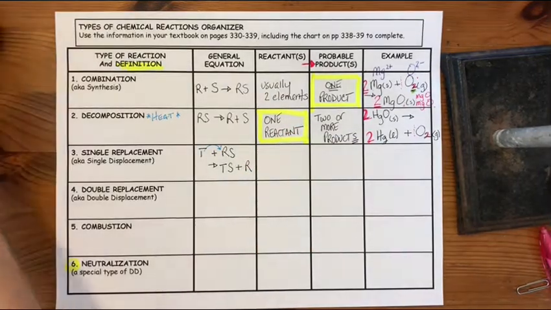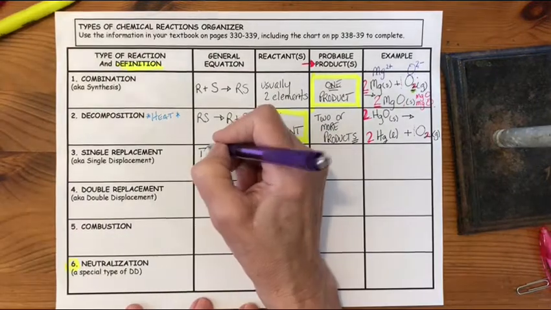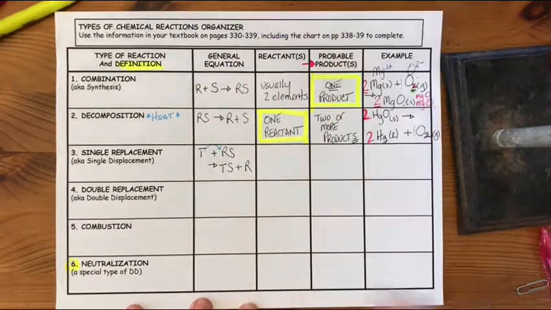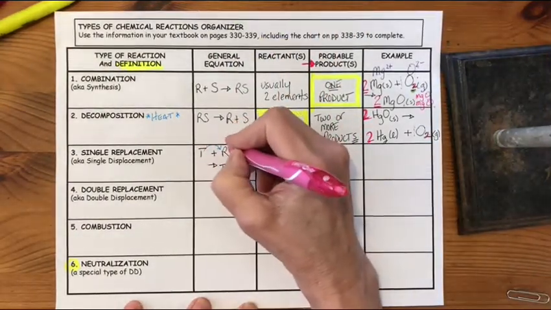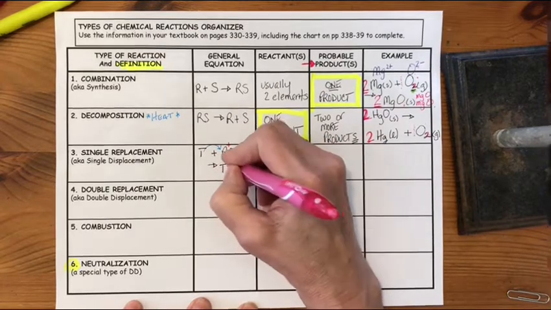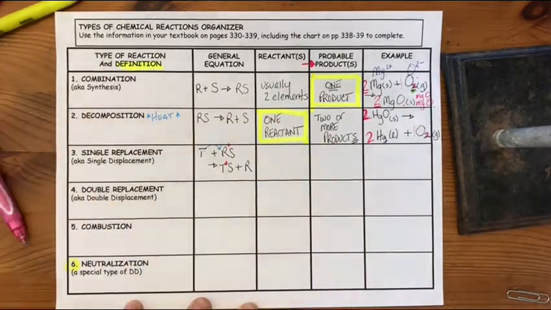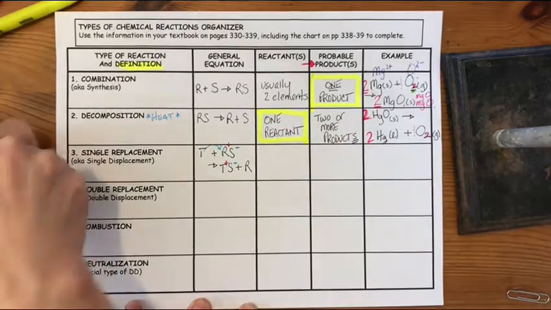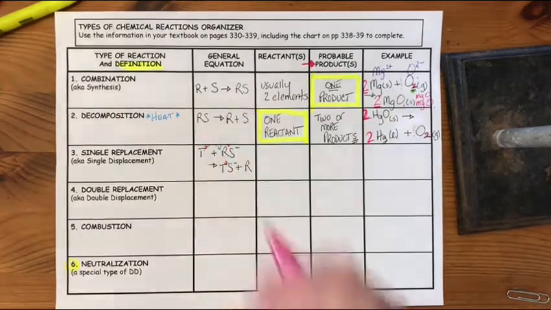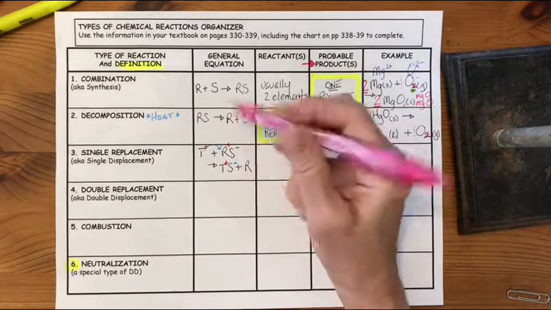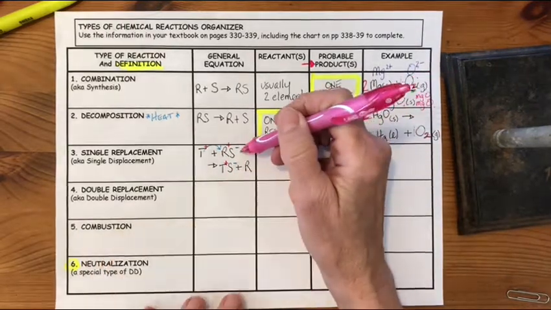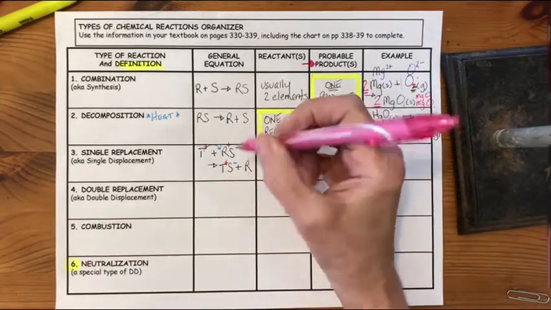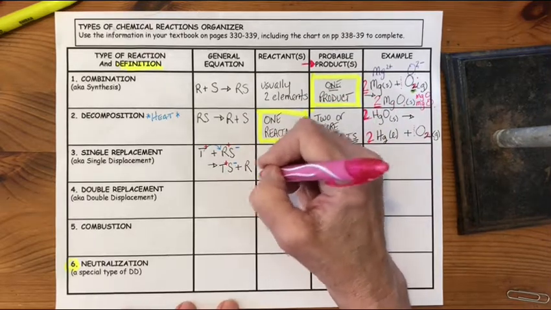So if you think about reactions as positives and negatives, only something that is a metal or forms a cation can replace another metal. Only something that's an anion could replace S. So this is a free element, a different element.